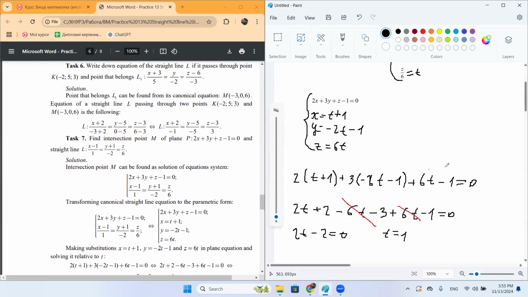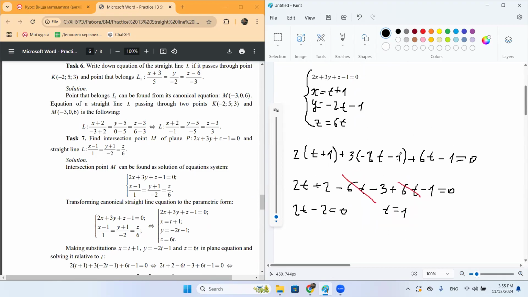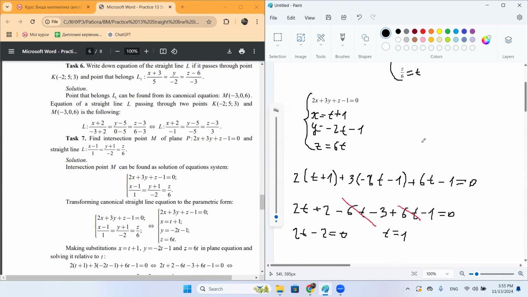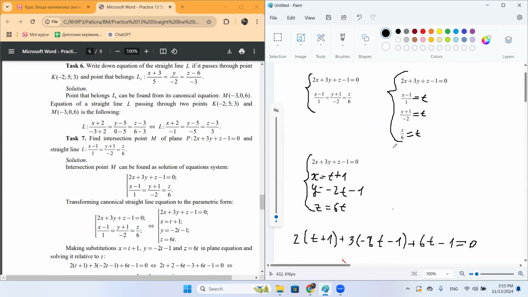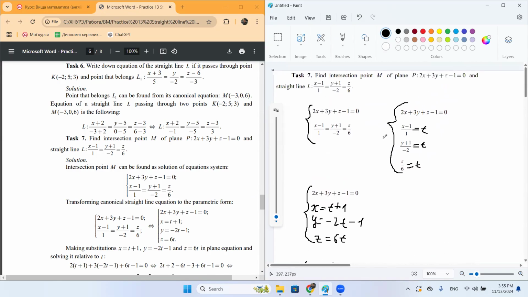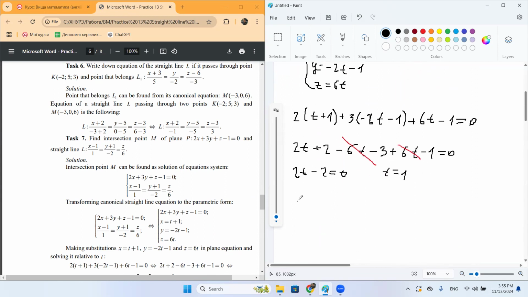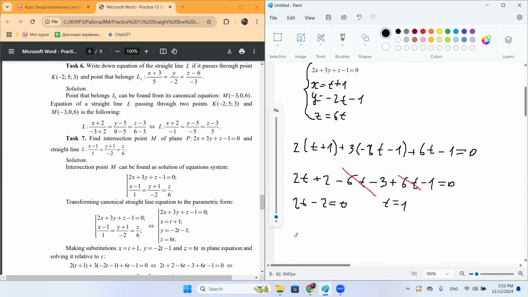Yeah, t equals 1. So now, knowing parameter t, we can identify the intersection point of the plane and the straight line. So coordinates x, y, and z. So x equals 2, y equals minus 2 minus 1, minus 3, and z equals 6.